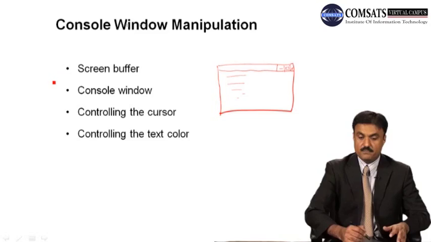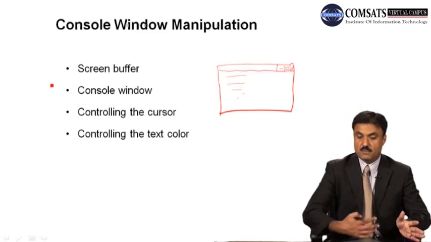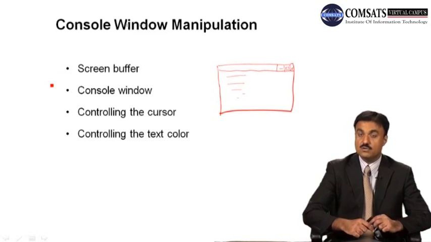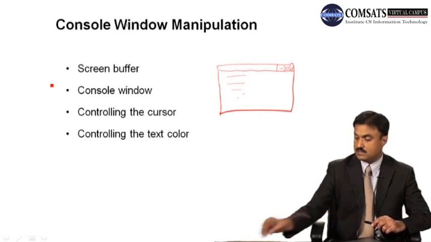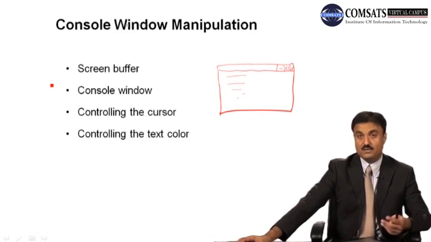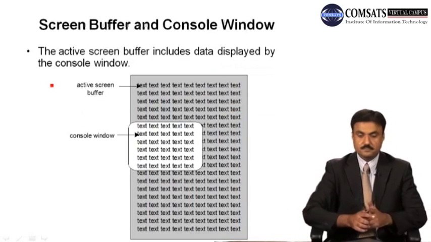All these functions will be used to manipulate this console window. We can have the screen buffer area, then the console window, and then controlling the cursor and controlling the text color. Even though there are many other functions, right now we will discuss a few of them.